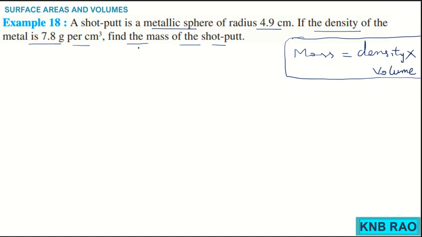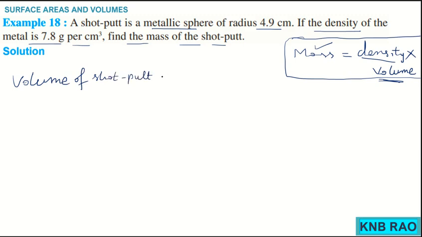When I am given density and I am asked to find mass, I need to get the volume also. So, here I have to find the volume of this shot put ball, isn't it? So, in the solution of this, we'll go for finding volume of the shot put, metallic sphere.